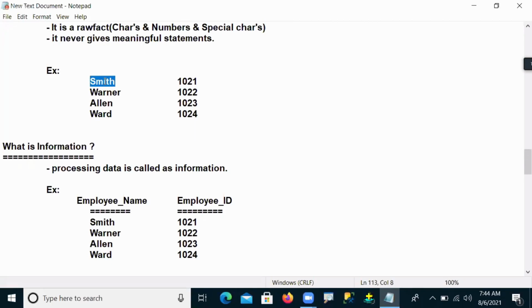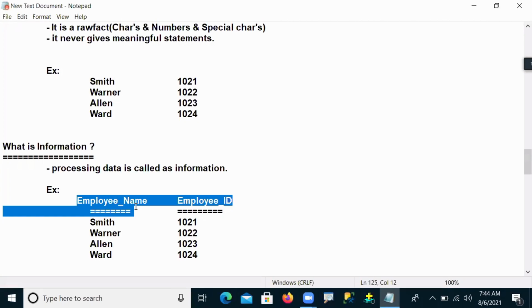But here you can say Smith is an employee name. Before, we didn't know what is Smith, what is Warner, what is Allen. But when I process the data, we know that Smith is an employee name, Warner is an employee name, Allen is an employee name, Ward is an employee name.